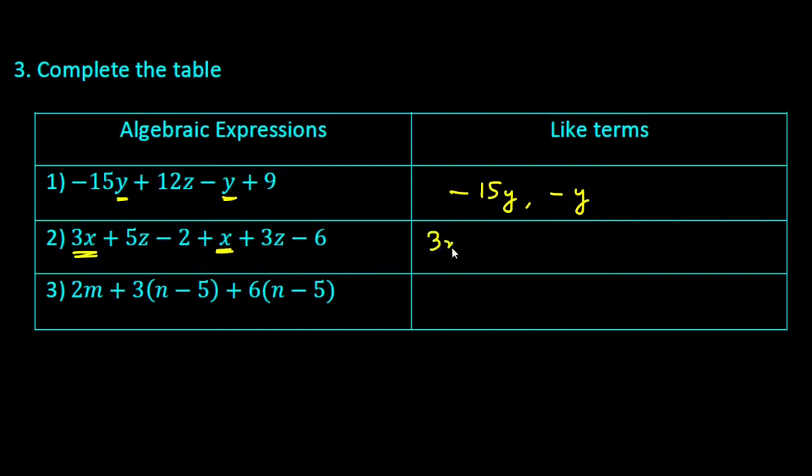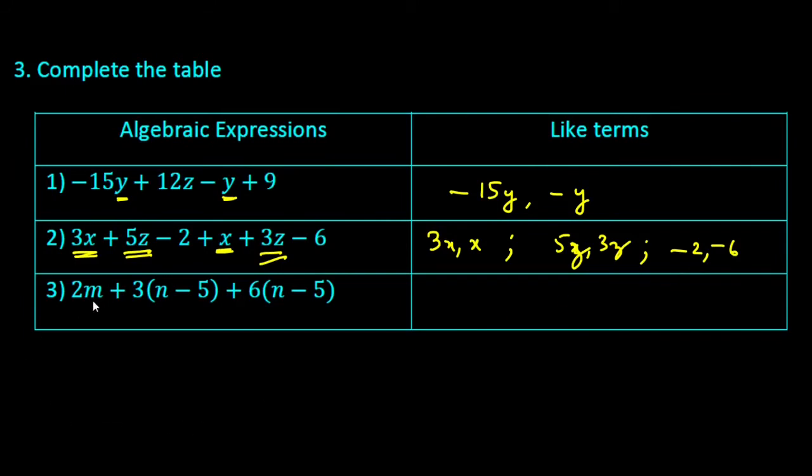So 3x and x are like terms. Then 5z and 3z are like terms. These constants, minus 2 and minus 6, are also like terms.